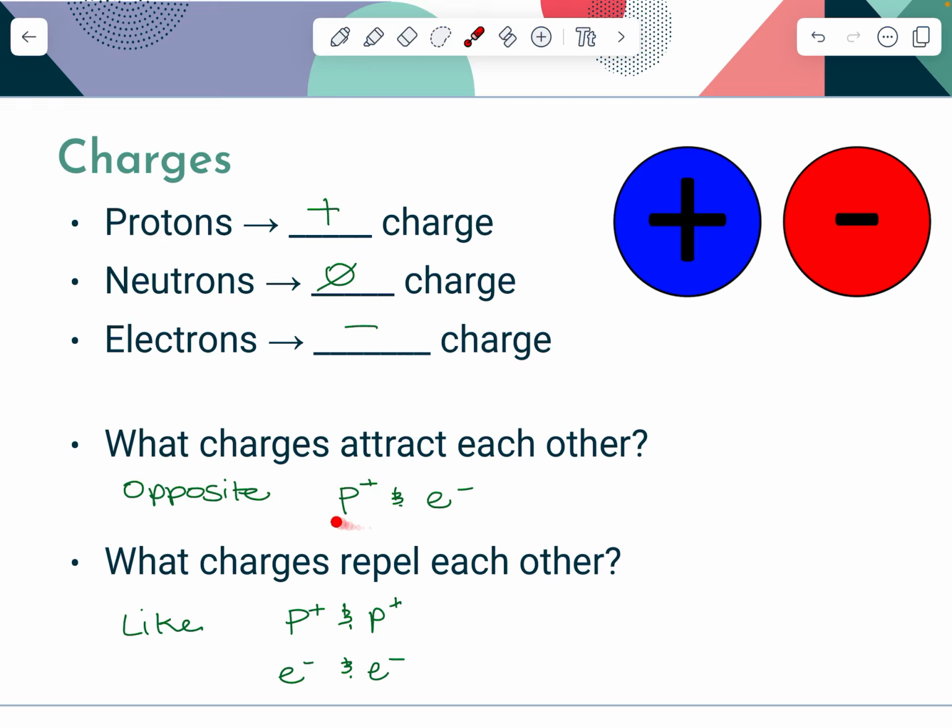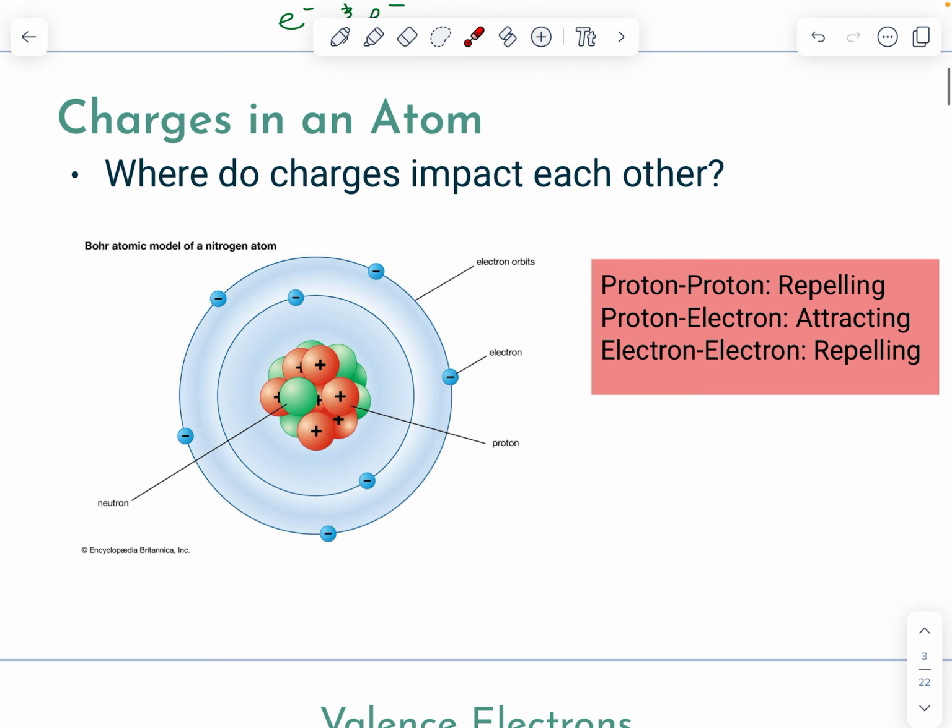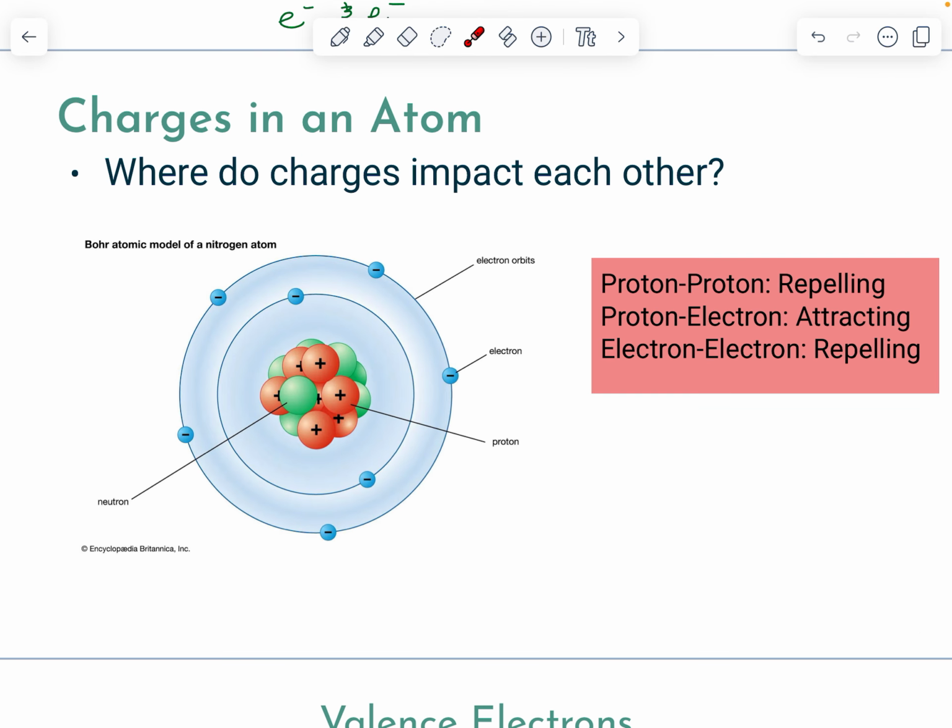We're going to focus today on those protons and those electrons and that attraction that they have to one another. And when we're looking at this, those protons are in the nucleus, those electrons are in those energy levels. So if we're looking at this Bohr model of a nitrogen atom, what we're going to be talking about today is not only how many positive charges we have here, but also how far away they are.